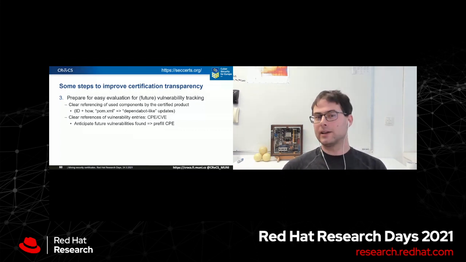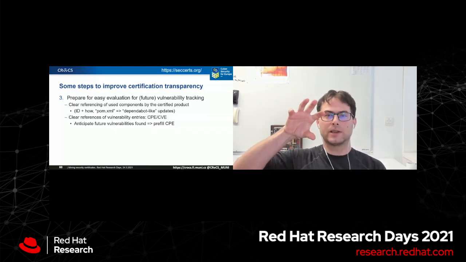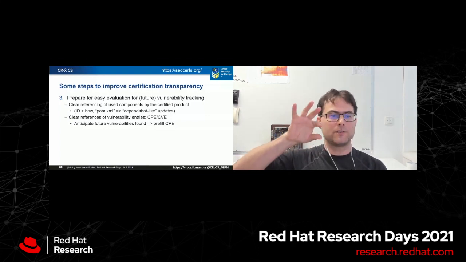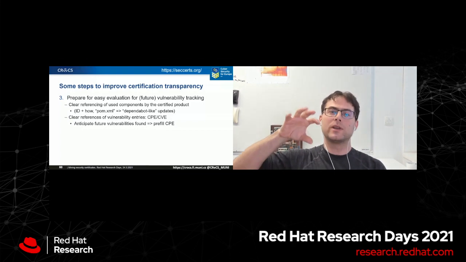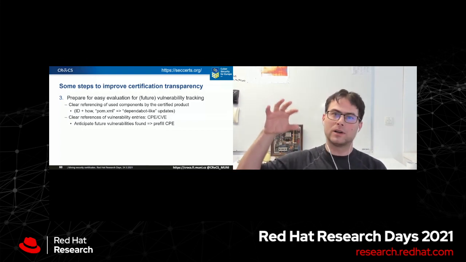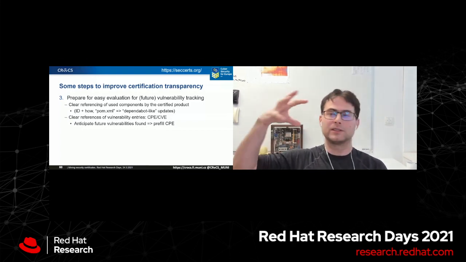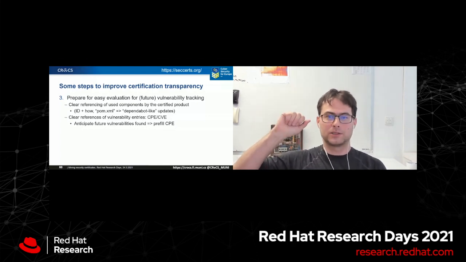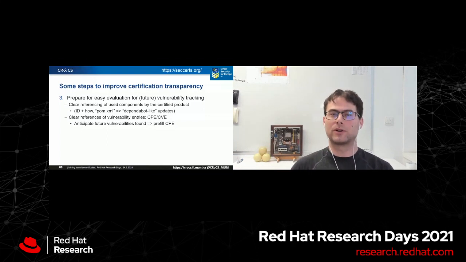So ideally, prepare for the fact that there will be vulnerabilities. We would like to be able to track them properly. So we first need to know if we have products like this and what the components of these products are, to have a clear identification of these subcomponents. And if there is a vulnerability in one of these, we immediately know which other devices are potentially vulnerable. That's one thing. The second thing is clear entries for vulnerabilities.